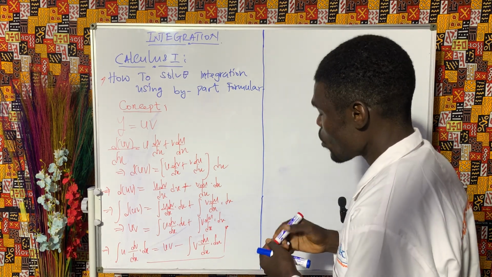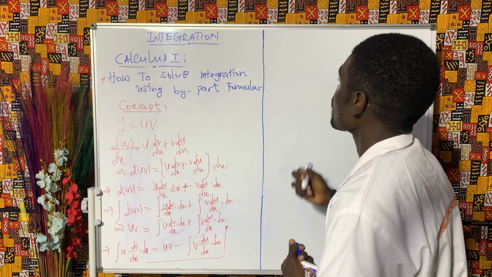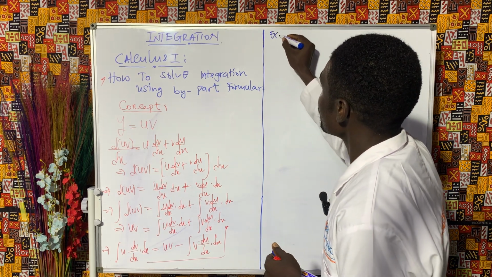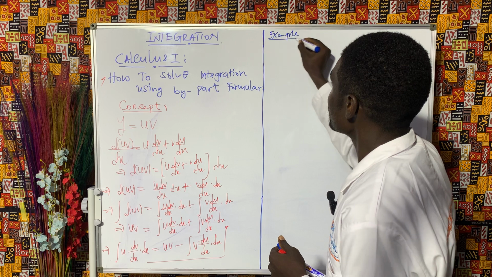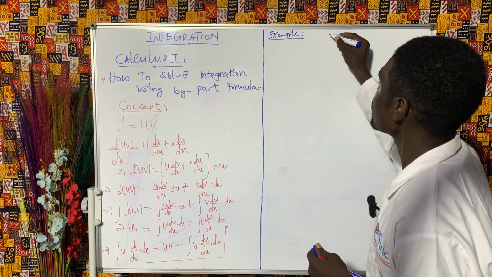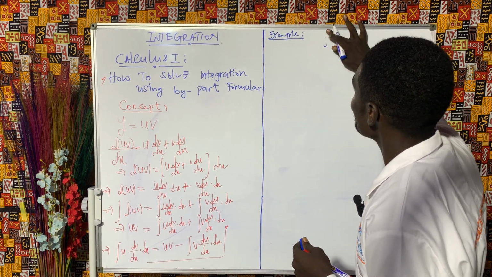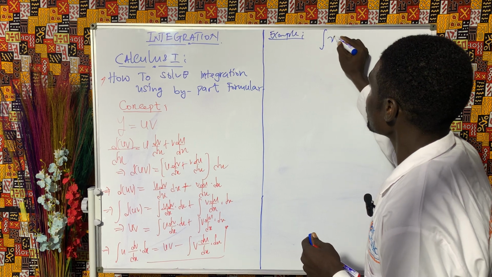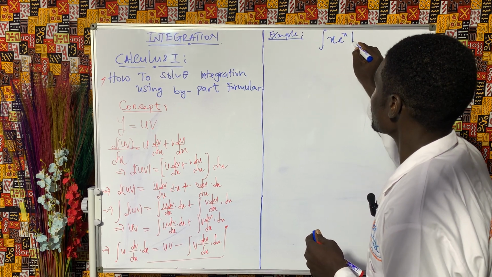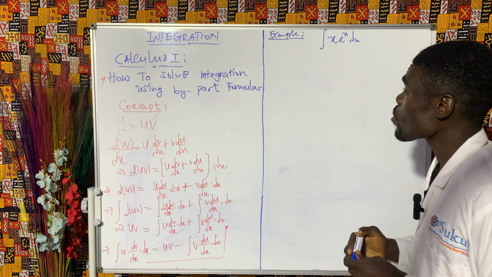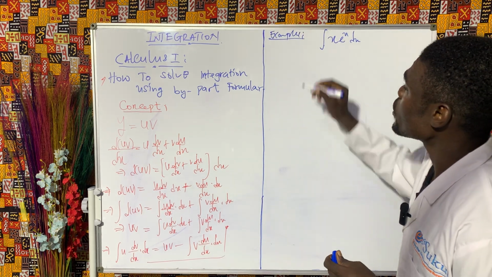So as an example, we have on the board, we should integrate x e to the x dx, as you can see on the board. Let me see example 1.